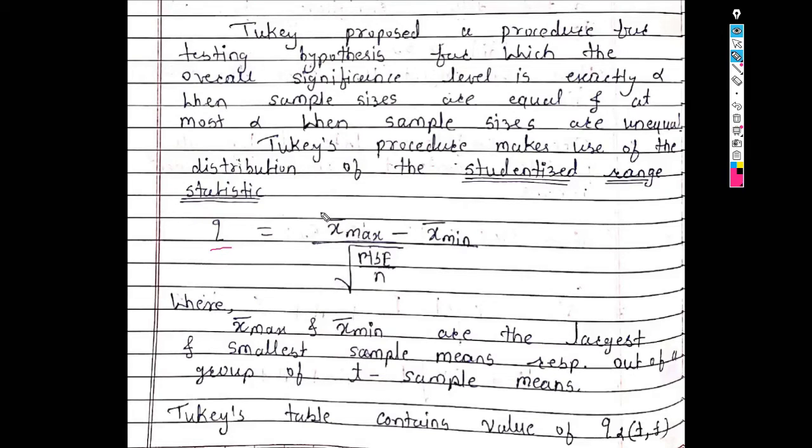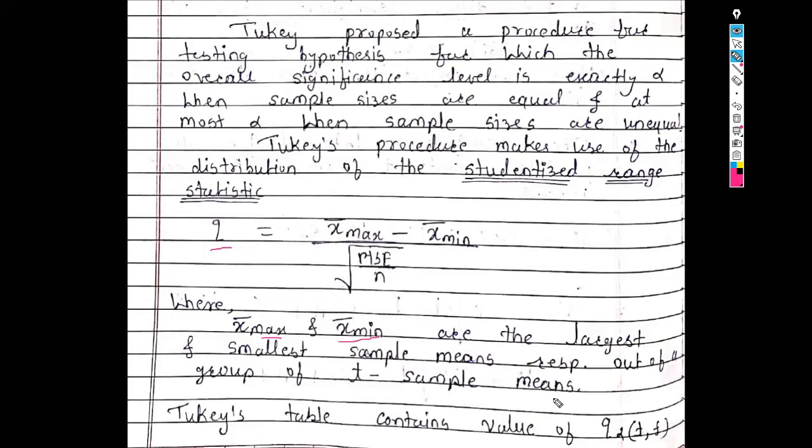So what are these two means? x bar max and x bar min are the largest and smallest sample treatment means out of a group of t sample means.